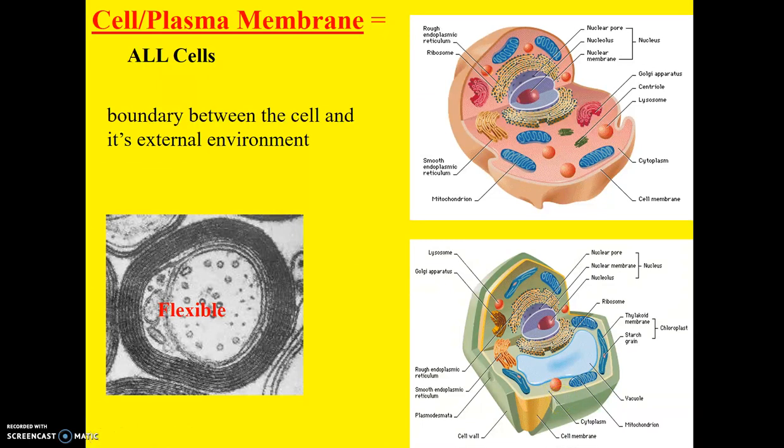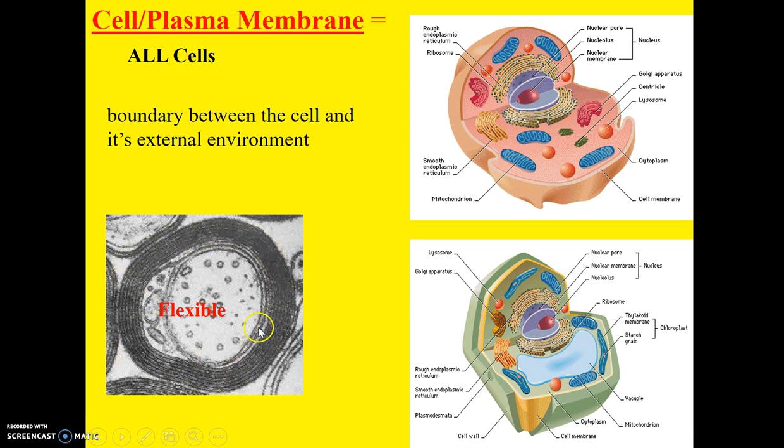The thing about it is the cell membrane is made up of a lot of different molecules, but the biggest portion of it is made up of what are called phospholipids, these lipid molecules that have a phosphate group on the head of them. They're really fluid. They move around a lot. They don't stack up on top of each other nice and neatly. They move around quite a bit, and it allows that cell membrane to be flexible.